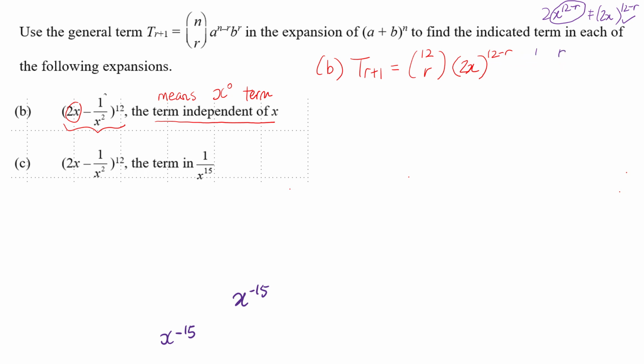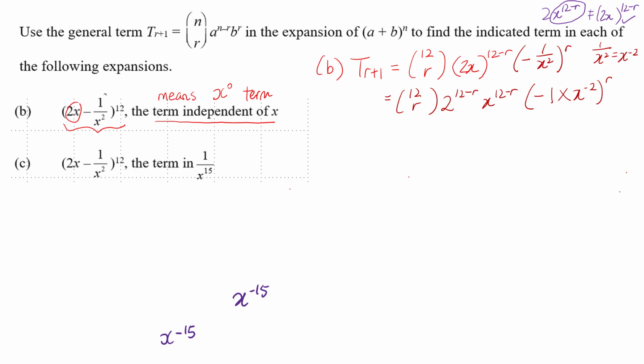Let's use the same color. All right, let's simplify. That will give me 2 to the power of 12 minus r, x to the power of 12 minus r. And I'm going to separate the negative from the x term. So that will give me negative 1 times x to the power of negative 2. 1 over x squared is equal to x to the power of negative 2.